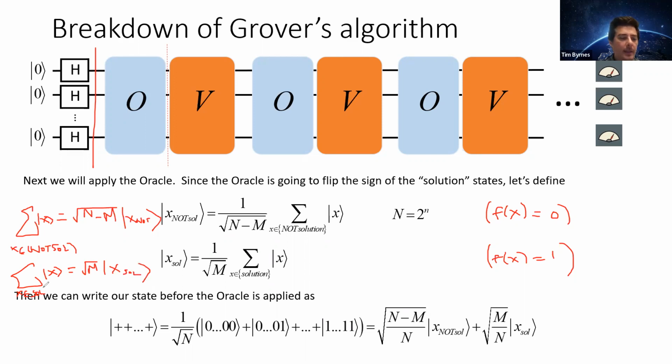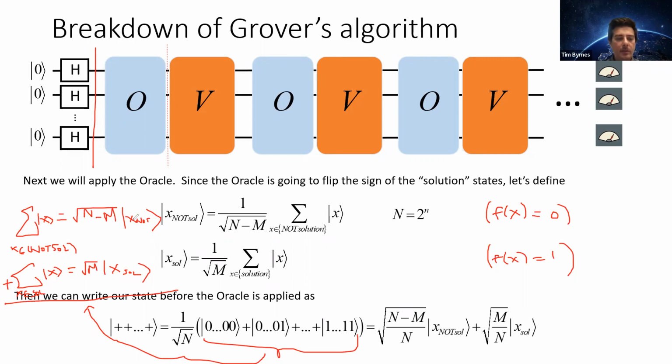Okay, and then because this state here has a normalization of 1 over square root of n, this stuff here is equal to the sum of these two states. If we add these two states, that's the inside of the brackets.